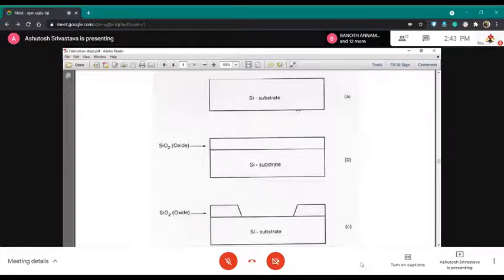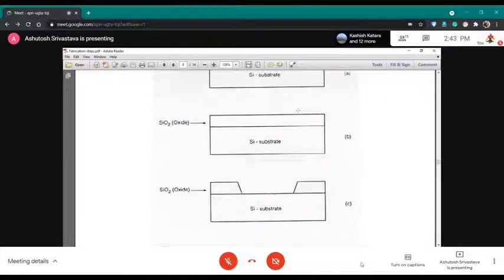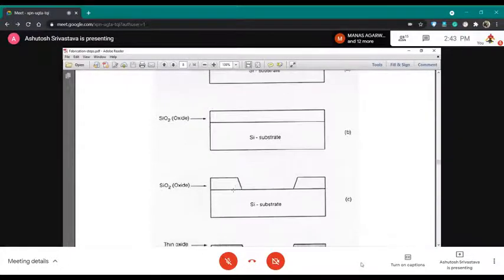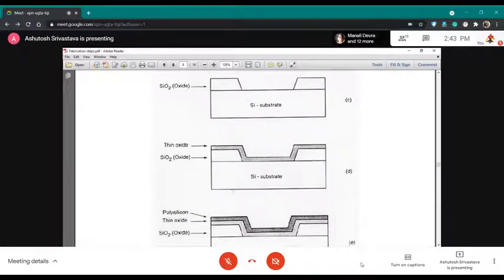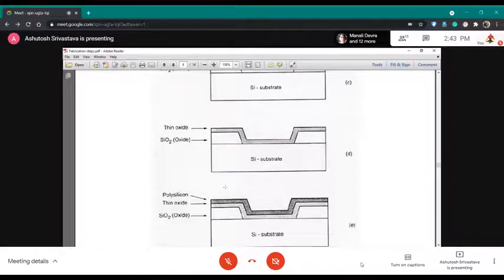So let's move further. Once we have achieved this up to here, there are many small steps in between to achieve silicon dioxide that we have mentioned before. The next step would be having a thin oxide, which would be forming basically your gate oxide.